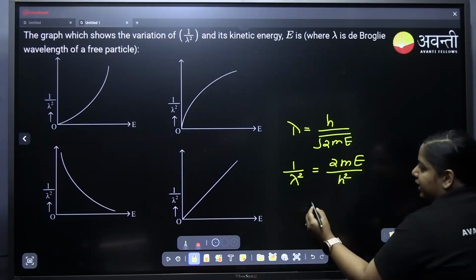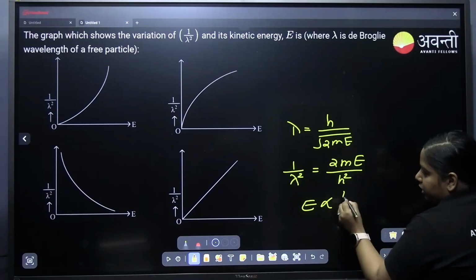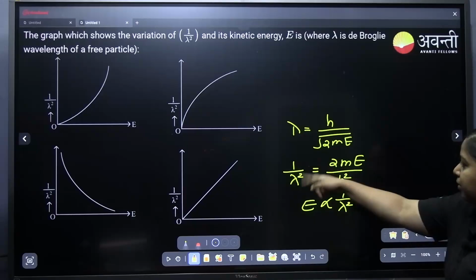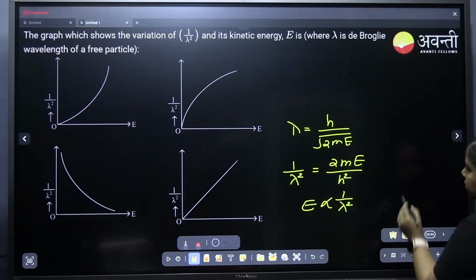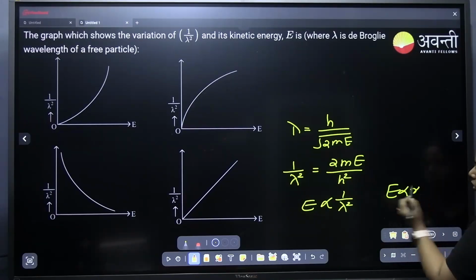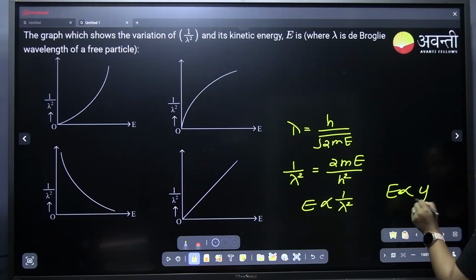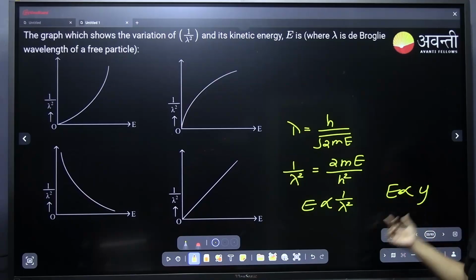From this we can say that E is proportional to 1 by lambda square. If you write 1 by lambda square equal to x, and E equal to y, then y is proportional to x. What is the graph of this?